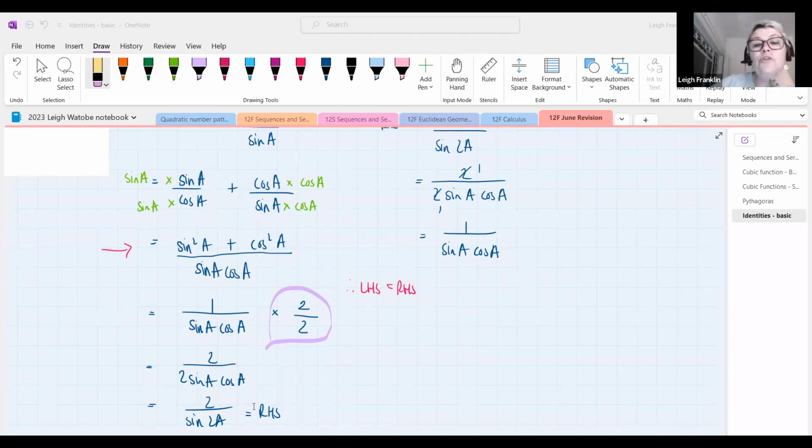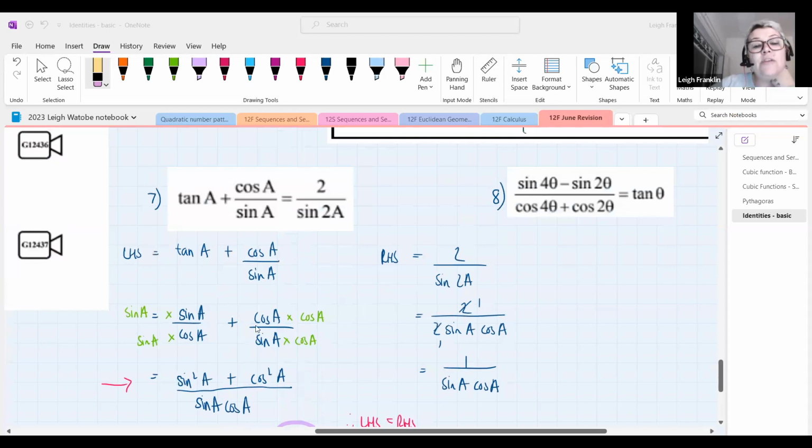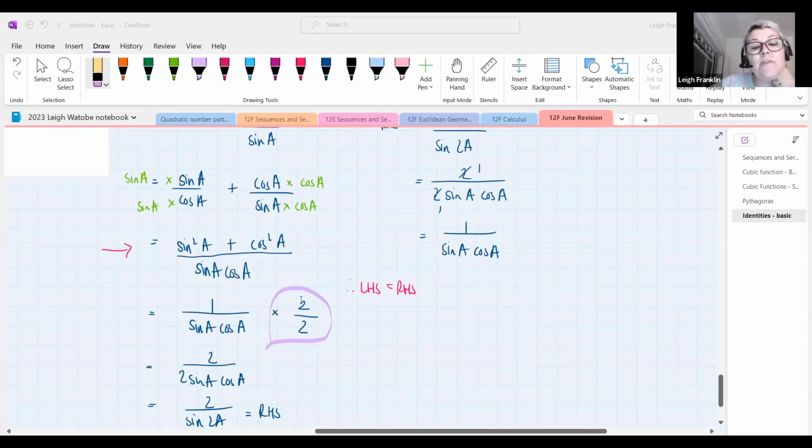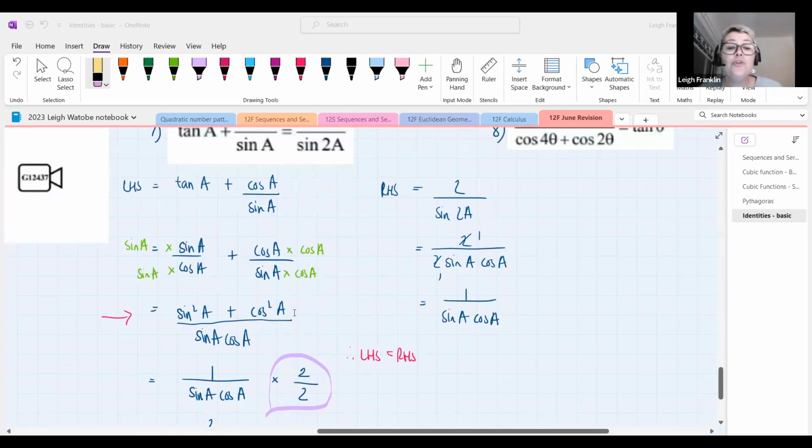Okay, so if I wanted 2 over sine 2A, I know that if I multiply the top by 2 and the bottom by 2, I can get the 2 at the top, and I can make my sine double angle identity at the bottom. Okay, so I'm not changing the value of 1 over sine A cos A if I multiply it by 2 over 2, because 2 over 2 is 1. Right. If you don't like that, or you don't think that you'd want to use it, that's fine. Then you can do what Amahle did, and rather work with the right-hand side. Okay, the choice is yours.